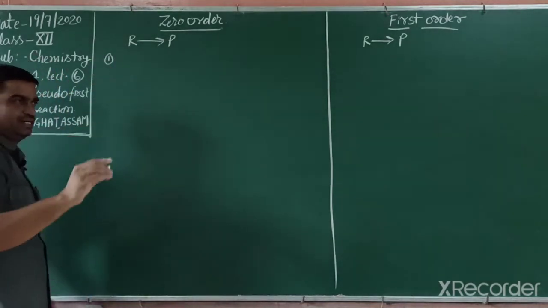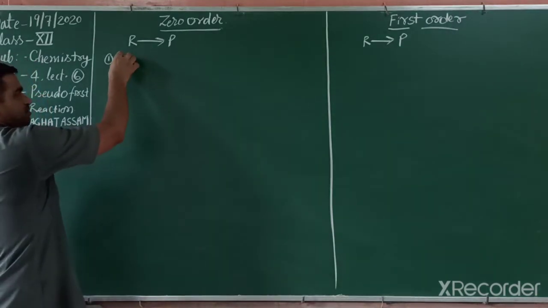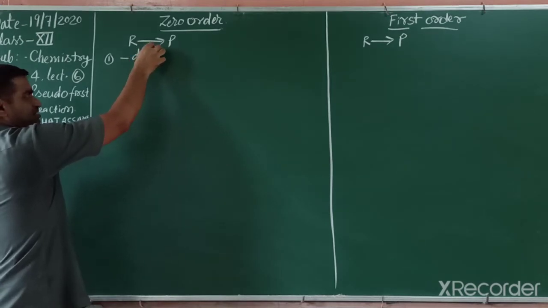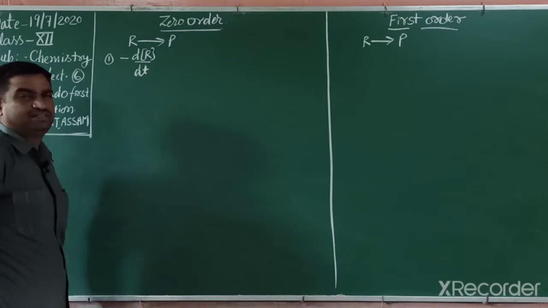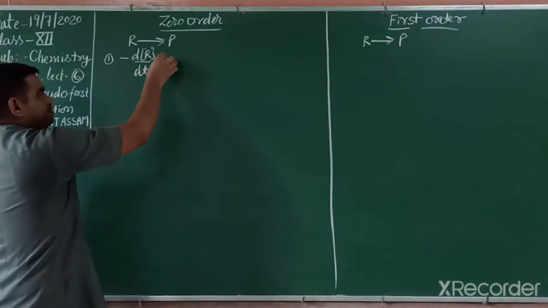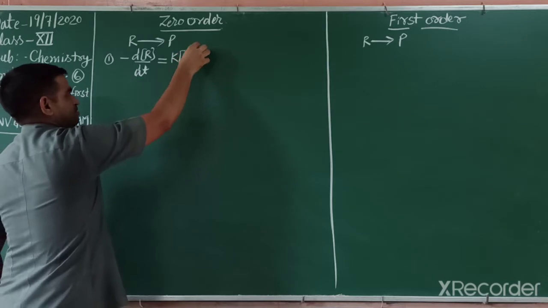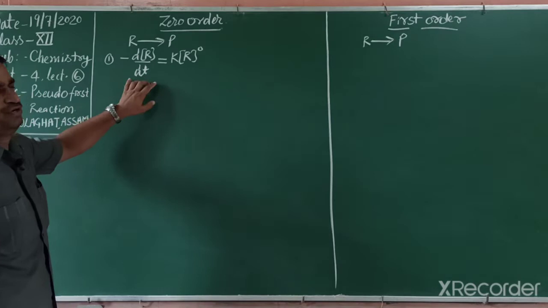We studied all these things earlier, only we compare. Minus dR divided by dt, the differential rate equation, is equal to k R power 0. This is the differential rate equation for zero order.